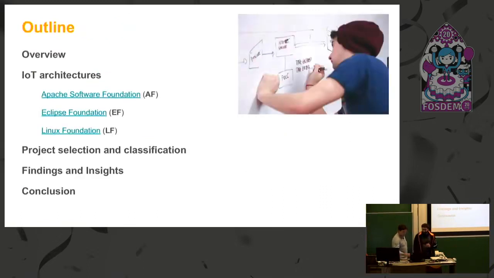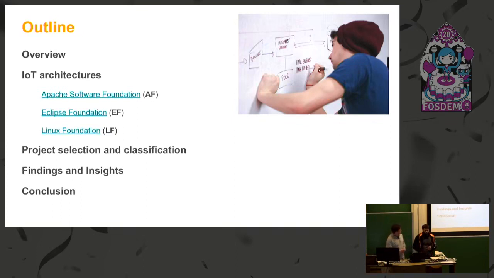Okay. So this is an outline of the presentation. We are going to present some IoT architectures, because we have based our analysis on these architectures, trying to find common categories that we are going to use in the dashboard and the presentation to compare the status of IoT in different categories.